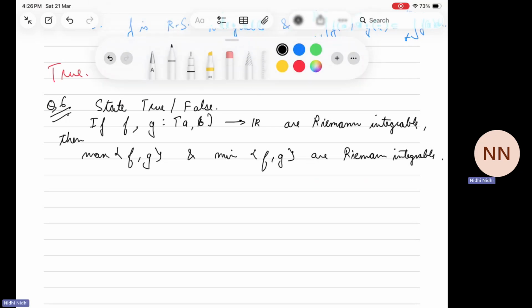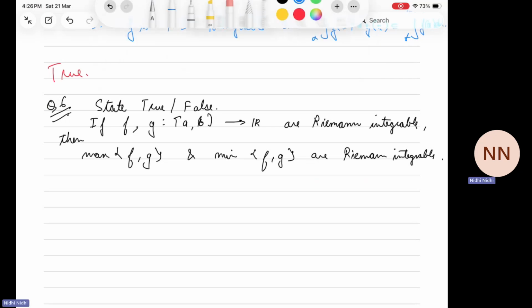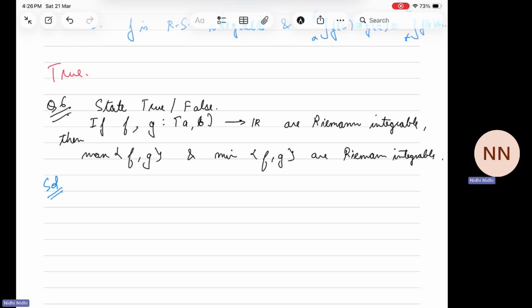For this, if you can recall what you did in the class, when we evaluate the integral via the Riemann sum approach, everything turns out to be similar to the algebra of limits. And in case of limits, we had done such sequences: if x_n and y_n are convergent, then the maximum of x_n and y_n and the minimum of x_n and y_n are also convergent.